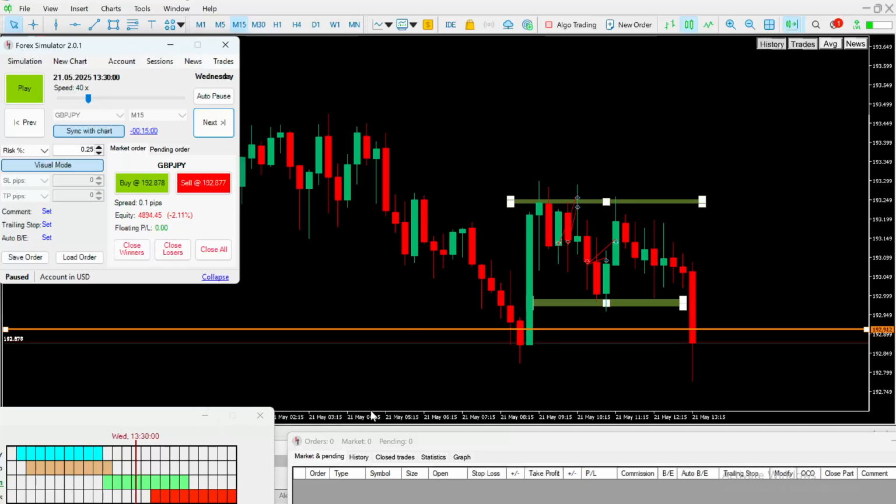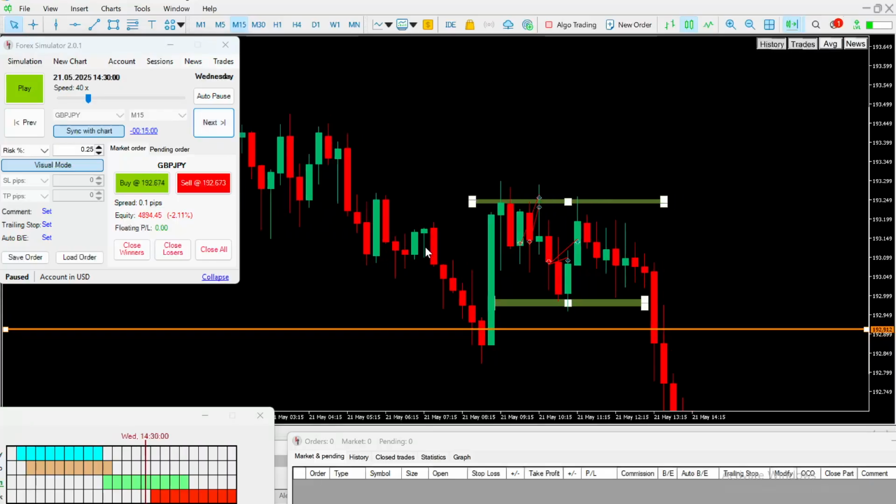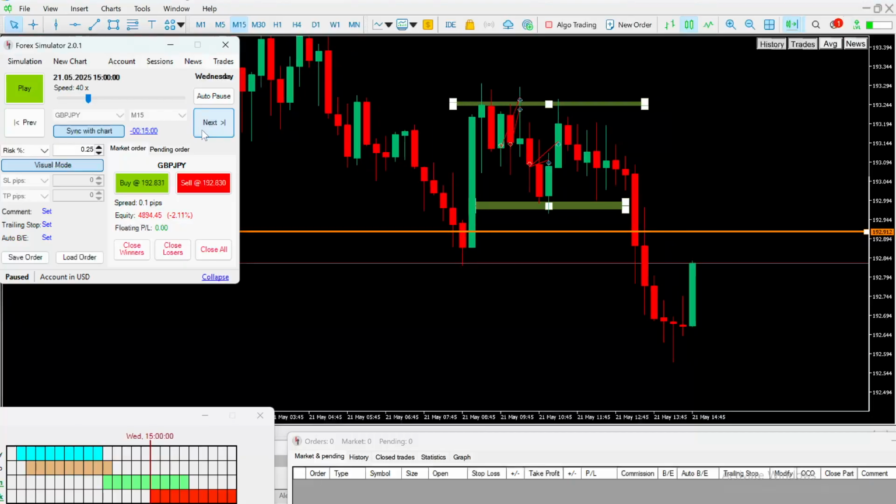Even though I got a lot of losses, I could have risked at least a percent, because I've lost less, so I still could afford to do that. But that's okay. I'm not taking trades, even though it's a Wednesday and it will keep going down.